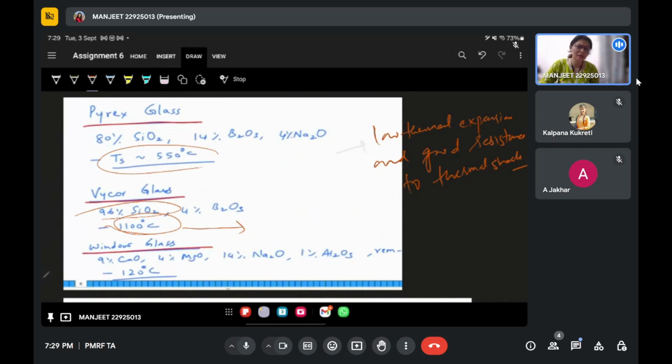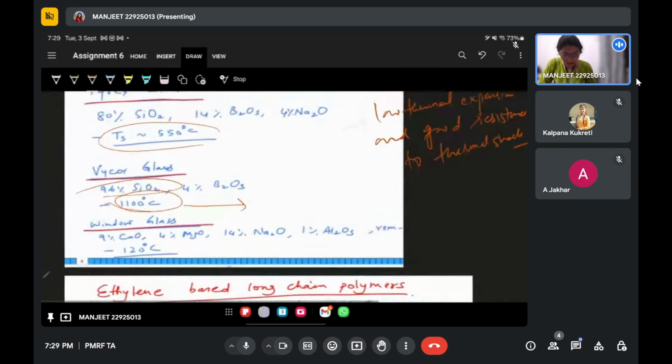They can resist chemical and thermal conditions up to 1100 degrees Celsius, because they get softened after that temperature. Before that, they resist thermal and chemical attack, so they are excellent compared to the Pyrex one.